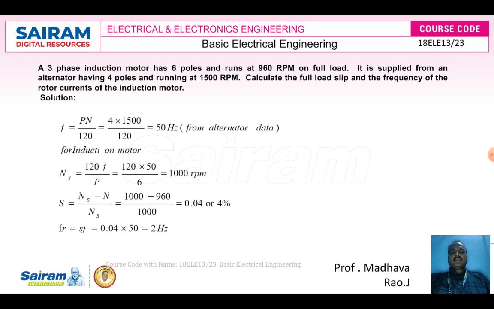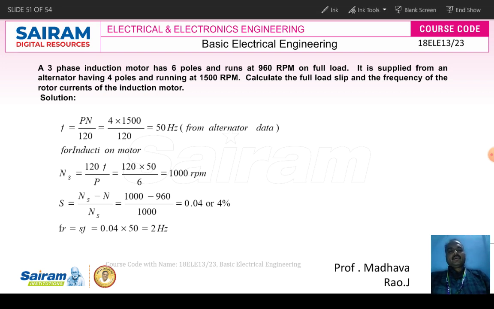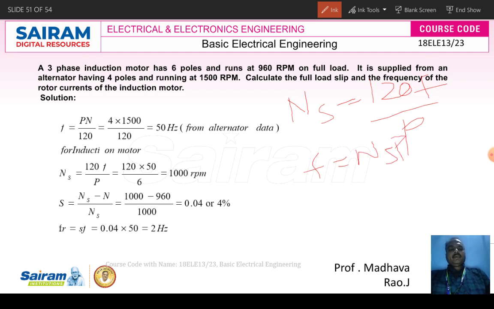Slip needs Ns equal to 120 F by P, but the frequency is not given. In the previous problem the frequency was given, but in this problem it is not, so we have to calculate the frequency from the alternator data. The alternator has 4 poles and runs at 1500 rpm. Here Ns is equal to 120 F by P, so F is equal to Ns into P divided by 120.